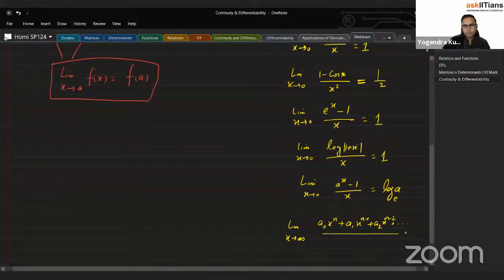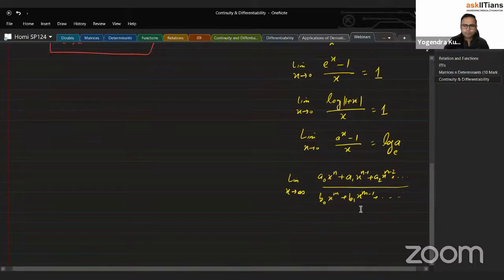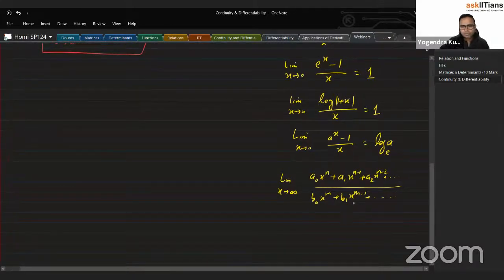Some polynomial is there above, and then down some polynomial is there also, x power m plus b1 x power m minus 1 and so on, right? So what will be the answer, guys, here? Does everyone know this? What it is going to be? This will be equal to a naught by b naught.